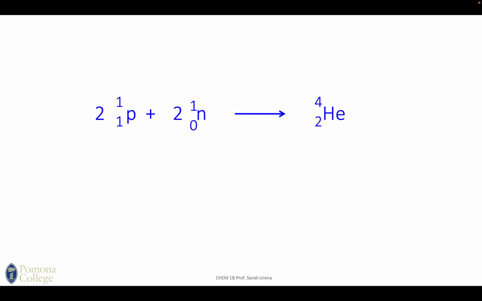To answer that question, we're going to look at an example of what happens when we combine two protons and two neutrons to form a helium nucleus. Remember that the helium nucleus has two protons and two neutrons, and that's why the atomic number is 2 and the atomic mass would be 2 plus 2, 4.